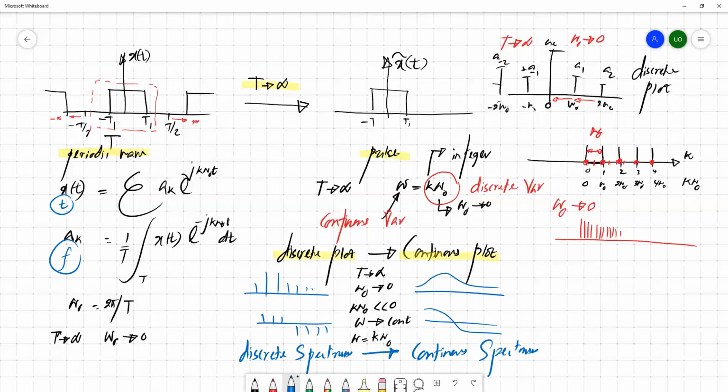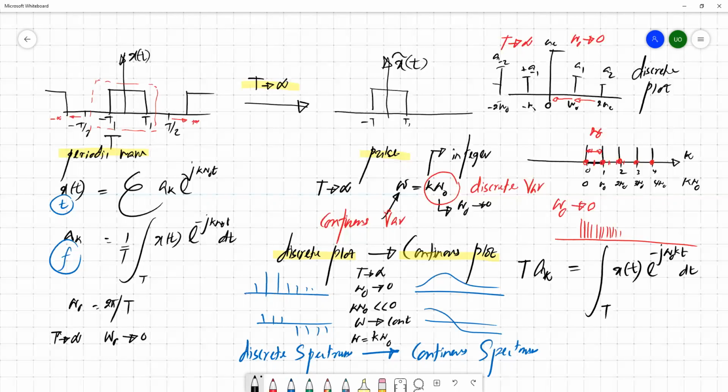And so what happens to this a_k? What happens to this a_k? We just multiply by T. So it's like this, x(t) e to the power minus j omega naught k t. Okay, so now this period goes to infinity.